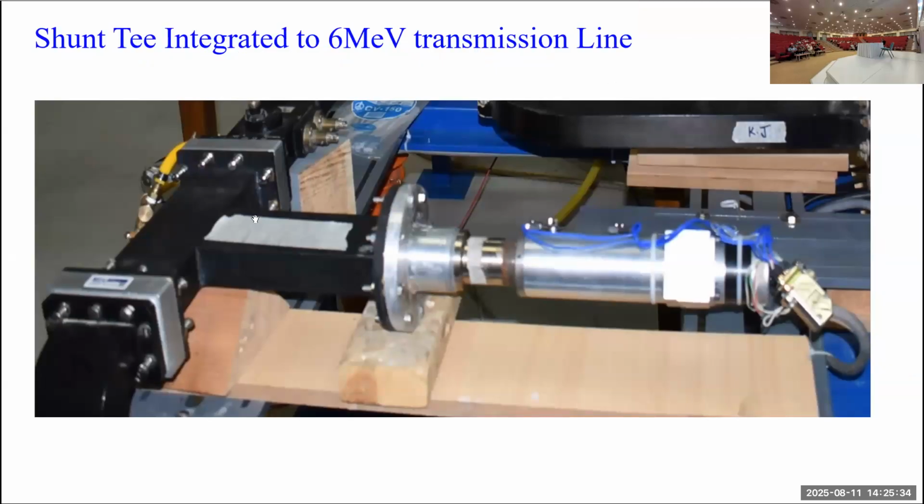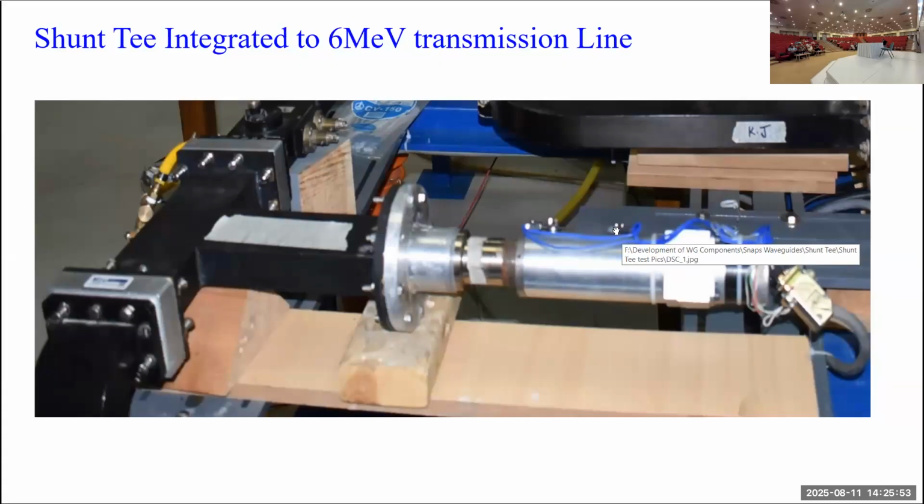You can see this high power shunt T. Inside this there is a plunger, and this is the motor which drives this plunger. And these are the minimum points. One is here, one is here.